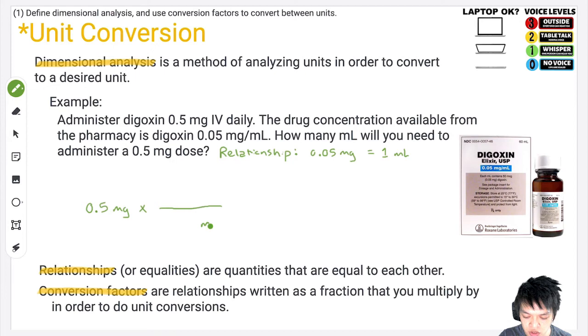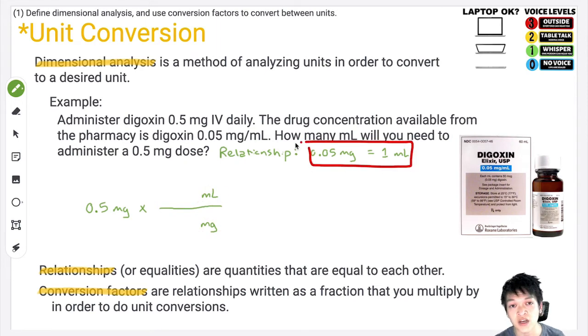And I actually don't want you to write any numbers until both the units are complete. The unit on top is usually what you want to convert to. Now, we're trying to convert to milliliters. So I'm going to write milliliters up here, but is there a relationship that involves milligrams and milliliters? Well, yeah, there is. We actually just wrote it right here. Right? 0.05 milligrams is equal to 1 milliliter.